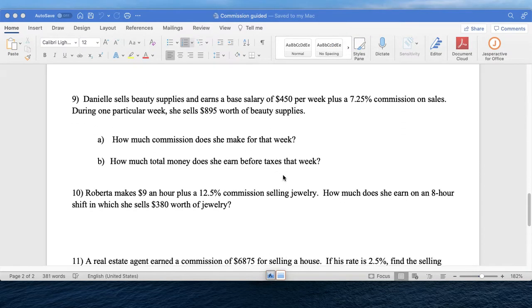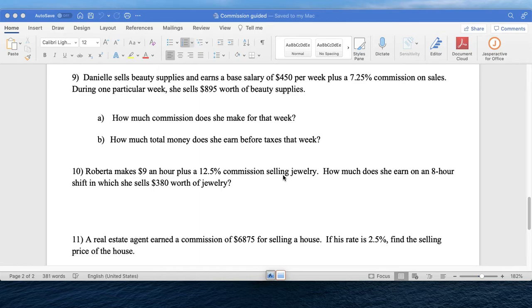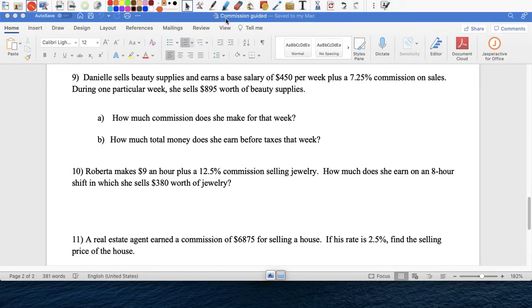Okay, number 9. Again, this one goes back to question number 1 and 2 of the back page. She sells beauty supplies and she makes $450 a week. That's guaranteed, plus a little extra, and that's the commission. During one particular week, she sold $895 worth of beauty supplies.